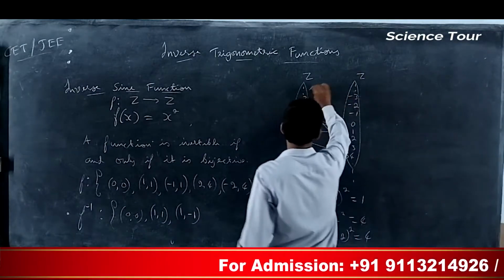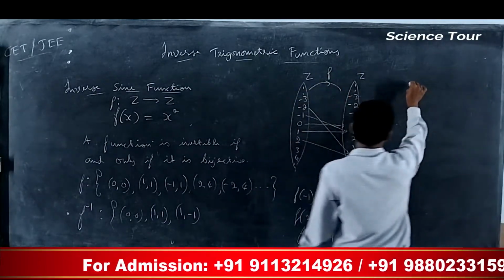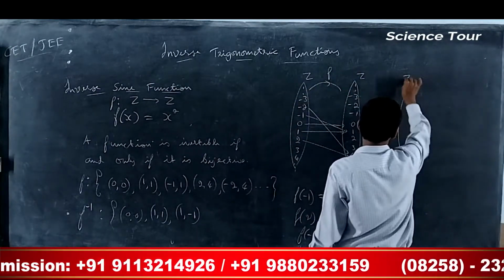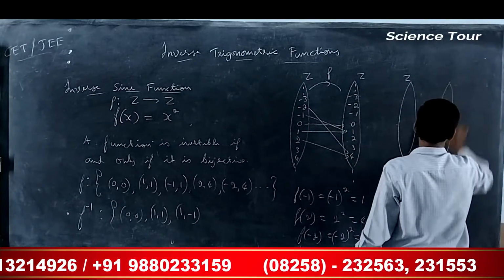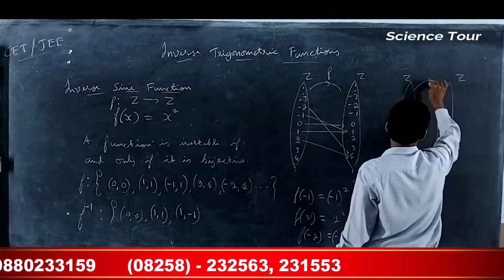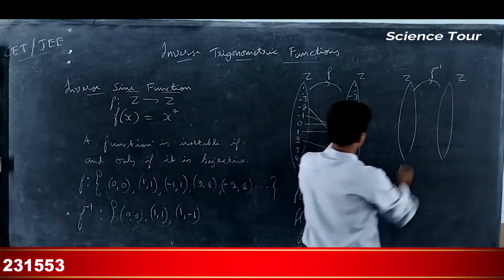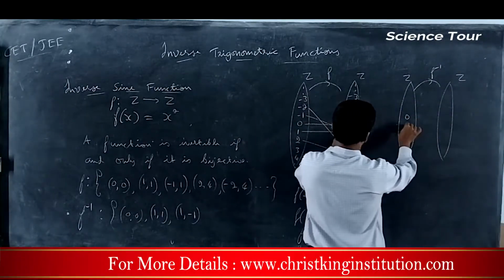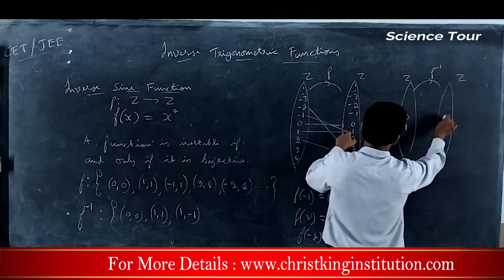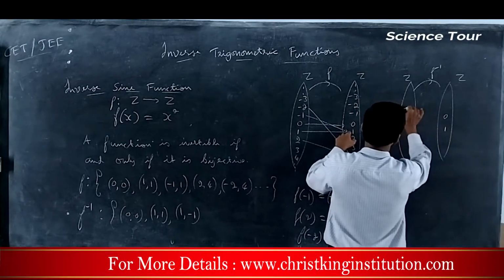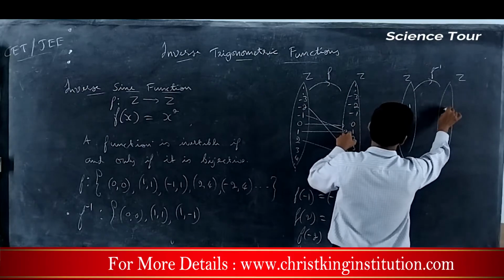This function is f. Now when you write f inverse, this is also Z. I'll give only a few examples. I'm writing f inverse, going back now, so 0 and 1, and you have 1 here, minus 1, everything is there.